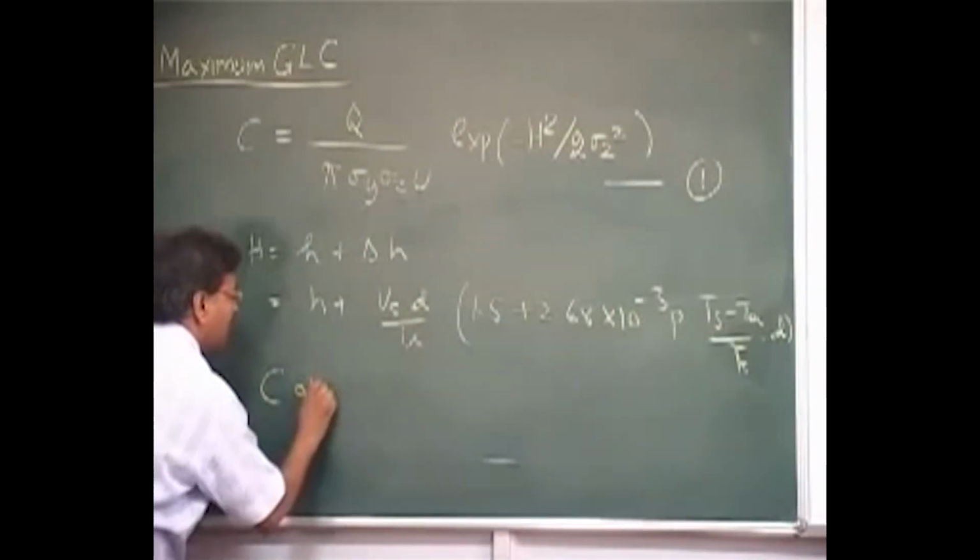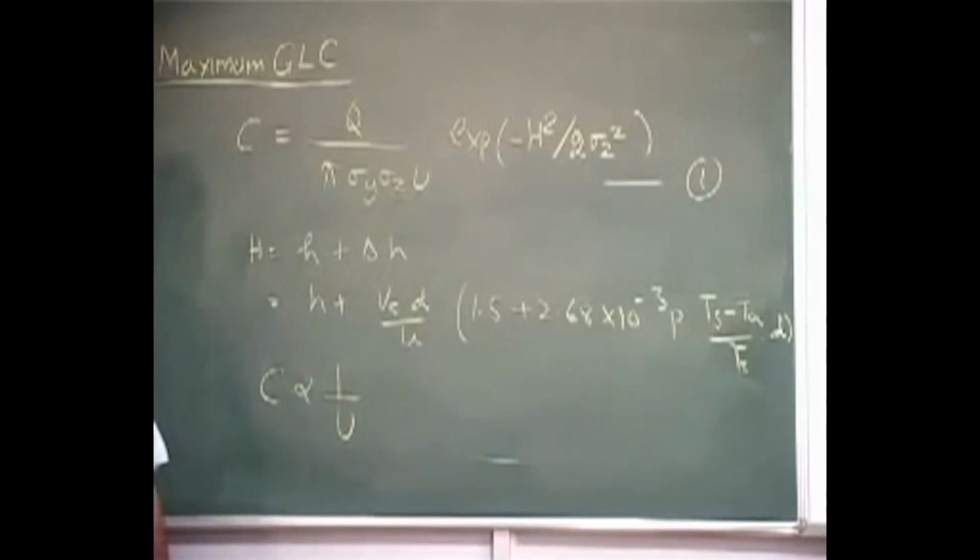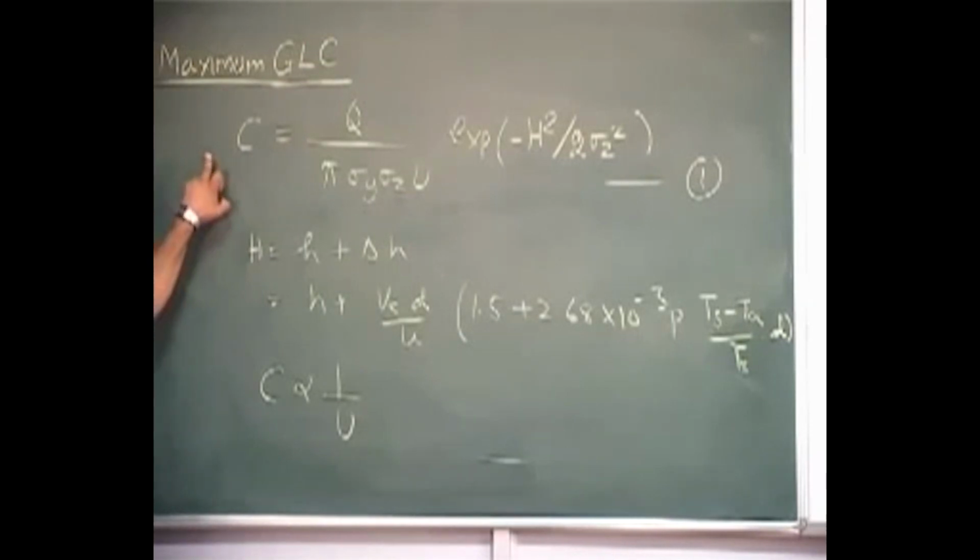C is inversely proportional to u, or proportional to 1 by u. So more is the wind speed, less is the concentration, right? This is what immediately, when you look at this equation, you are going to say.